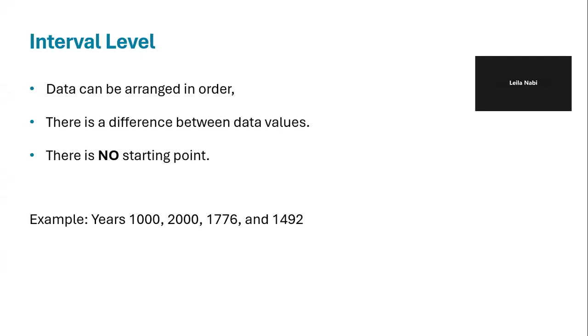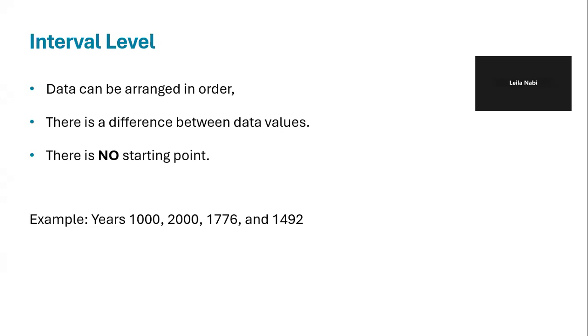The interval level of measurement is for data that can be arranged in order, and the difference between the data values is meaningful, but there is no starting point. What does it mean? For example, we are collecting data about events that occur in different years.